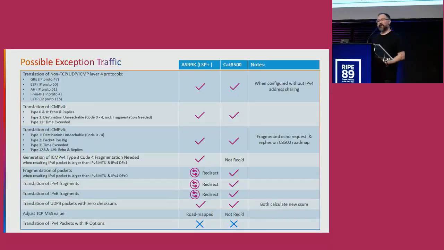Now, there's quite a few packet types which could be considered exception traffic, depending on your vendor selection. With the Lightspeed Plus, we're quite lucky in the sense that it can handle most things in hardware natively. The only things that really get punted off to the Catalyst 8500 are packets that are too big and need fragmentation, or packets that are already fragmented and need reassembly for translation.